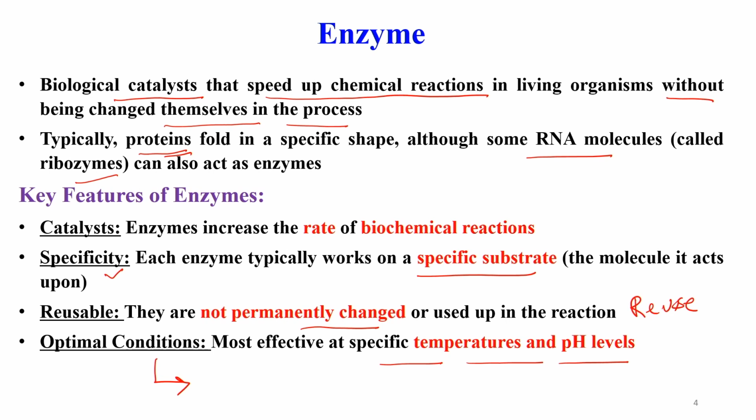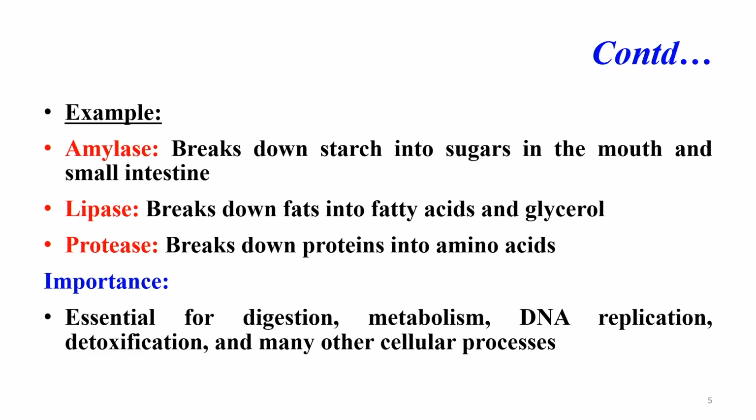Now, once again I will re-emphasize here, the enzymes increase the rate of reaction, but they do not affect the equilibrium. So, we can quickly see a few well-known enzymes: amylase, lipase and protease. Amylase works on the sugar, it converts starch into glucose.